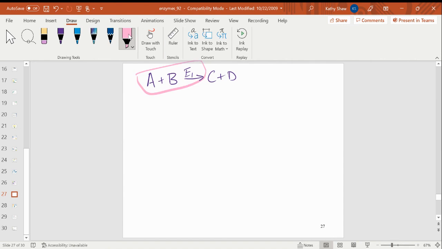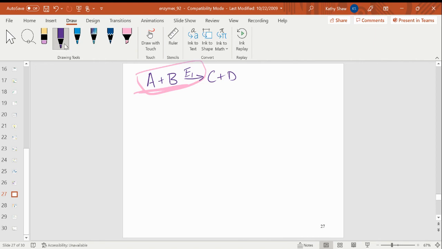So if either A or B were to be the effector on E1, that's still homotropic. Anything else is still heterotropic. So it doesn't matter how many substrates I have, if one of them is the effector, it's going to be homotropic.